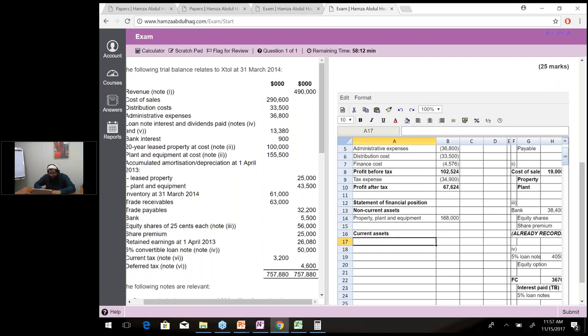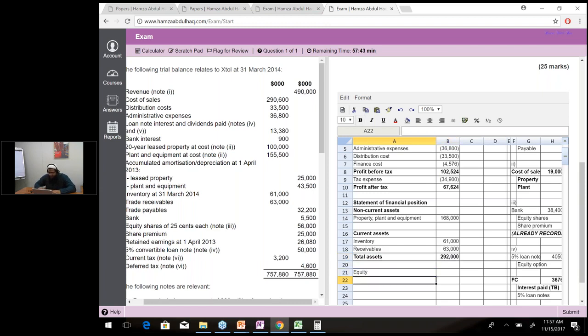Now we have inventory, receivables, and the bank overdraft. So the inventory is actually 61,000, no entries in the inventory. Receivables are 63,000, no entries in the receivables. So the sum of the debit side is going to be 292,000, which is going to be the total assets.